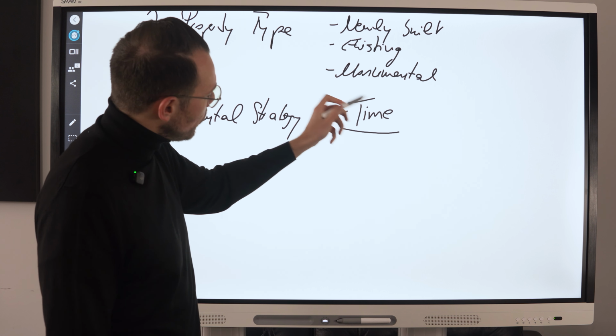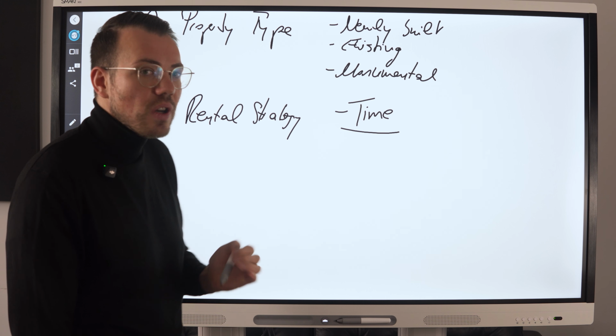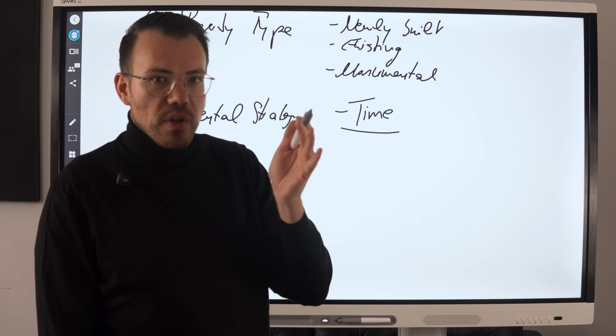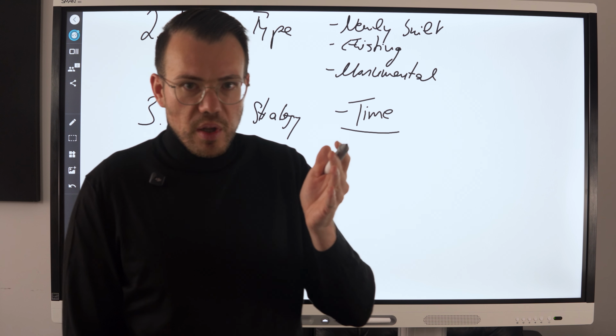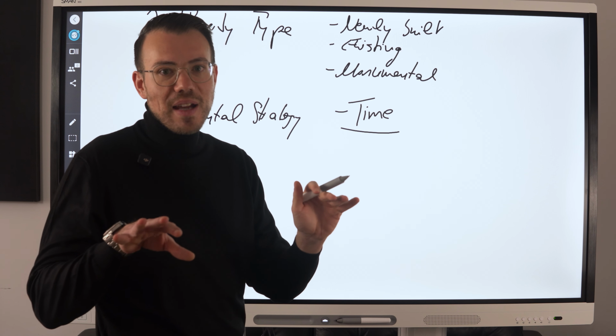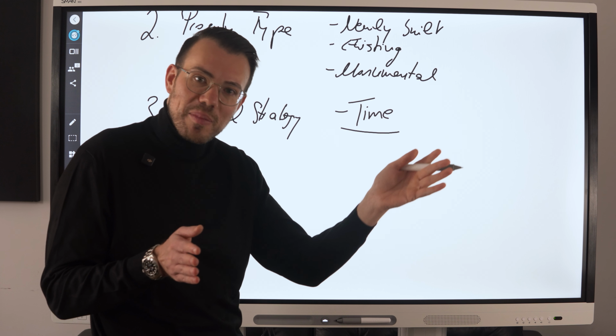So this is something which is really important. How much time do you want to spend? Because if we look at scalability, your time is essential. If you have one Airbnb apartment and your time is fully maxed out, there is no time anymore to do another Airbnb.